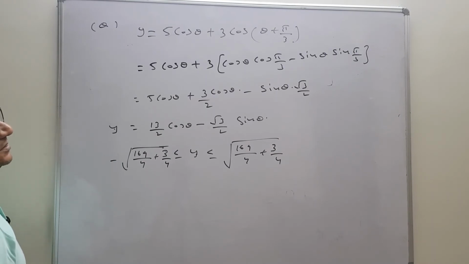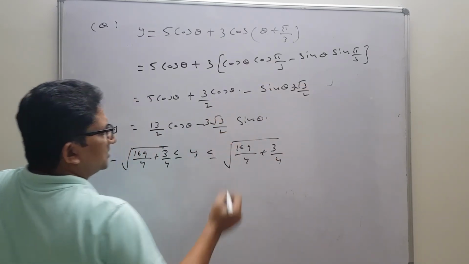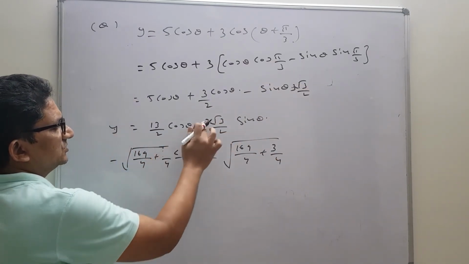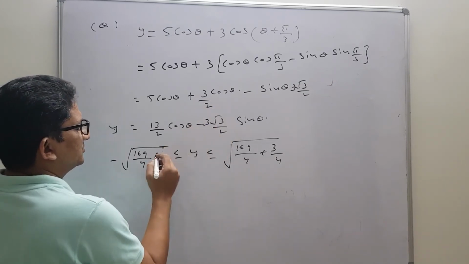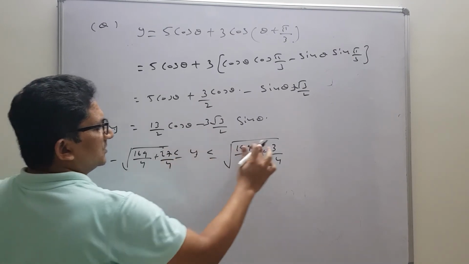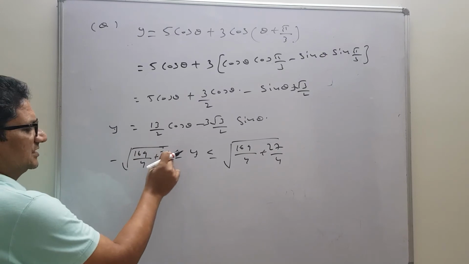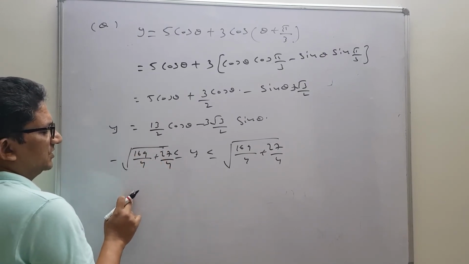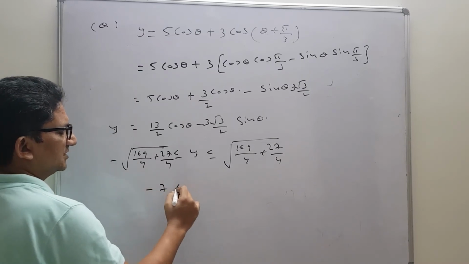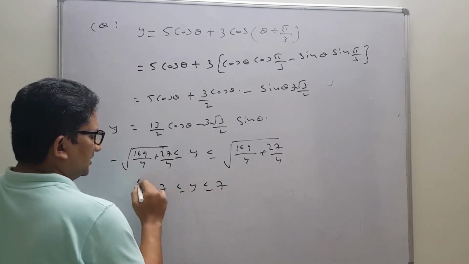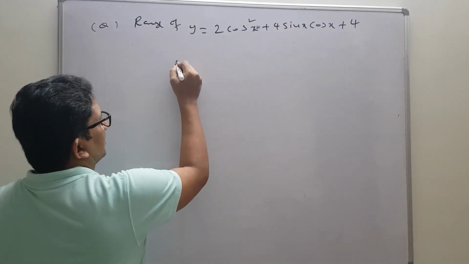Here 3 root 3 is there, so the square of 3 root 3 is 9 into 3, 27. So here we get 27 by 4. So 169 plus 27 is 196. 196 by 4 is 49. So root 49 is 7. The range is minus 7 to 7. Check the calculation. This problem can be solved.